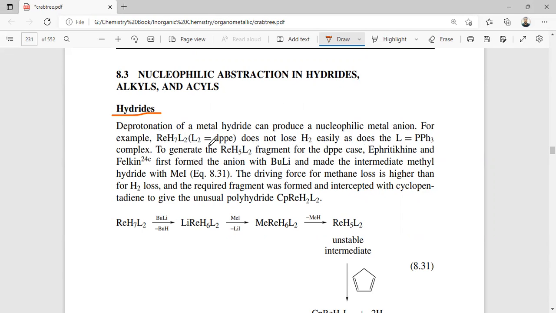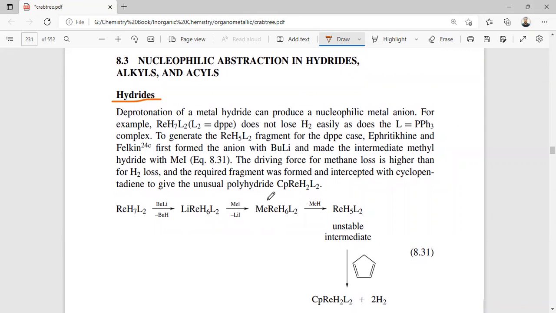To generate the ReH5L2 fragment in the dppe case, first the phosphine forms the anion with butyllithium and makes the intermediate methyl hydride with MeI. The driving force for this methane loss is higher than for the H2 loss, and the required fragment was formed and intercepted with cyclopentadiene to give the unusual polyhydride CpReH2L2.